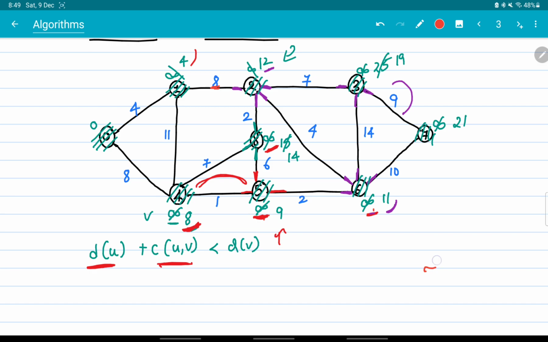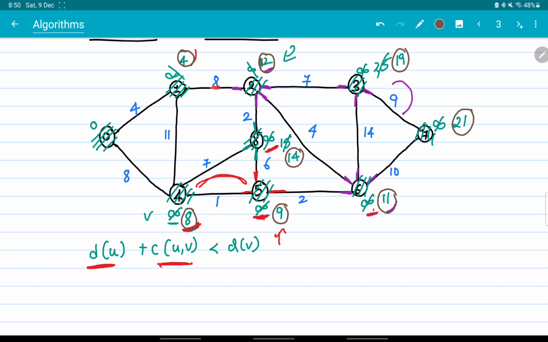Now suppose they ask you a question about the shortest path. So I'll just mark your shortest paths, that is 4, here 12, here 19, here 21, 11, in this case 9, in this case 8, and here 14.